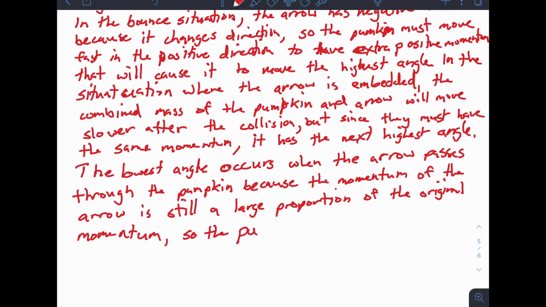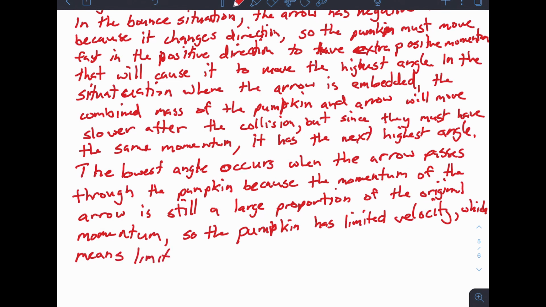So the pumpkin has limited velocity, which means limited angle of motion. All right, there's a lot of different ways we can word this.